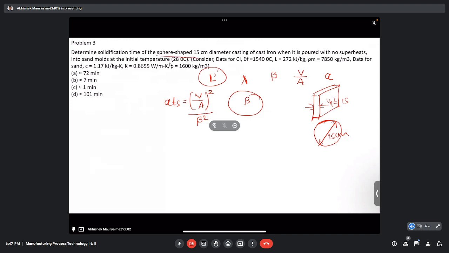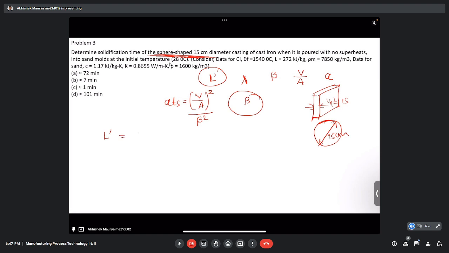Please make sure that here it is a sphere. First of all, we will calculate L dash.